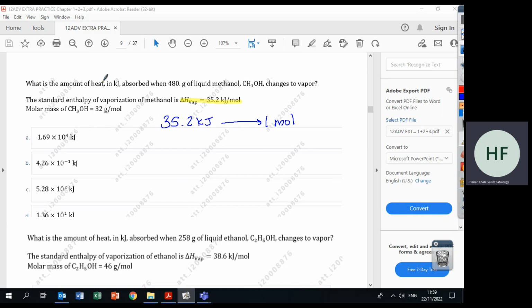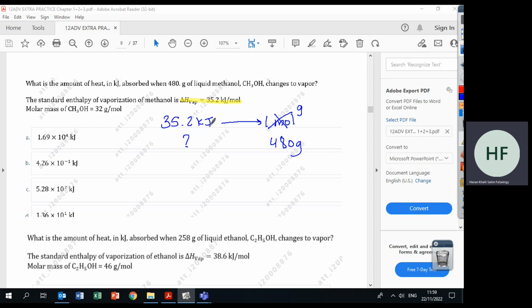Now the question is, what is the amount of heat in kilojoules? So I will put under kilojoules question mark. When 480 grams, so I will put here 480 grams. Now pay attention. Can I say this is grams and this is moles? Of course wrong. Because if this is grams, this one should be grams. If this is moles, this one should be moles. If this is kilojoules, this one should be kilojoules.